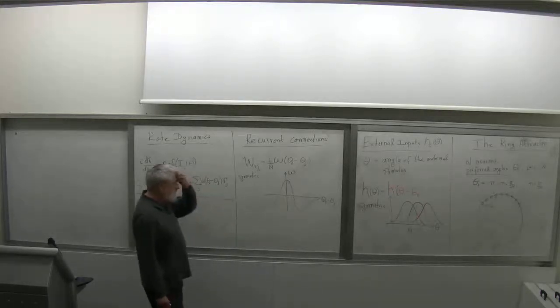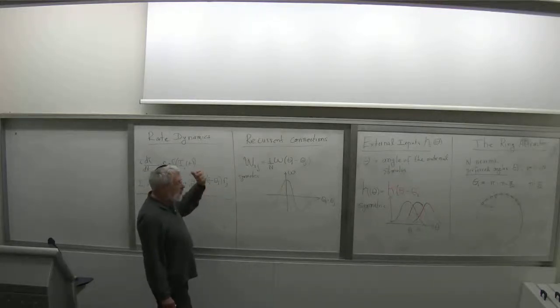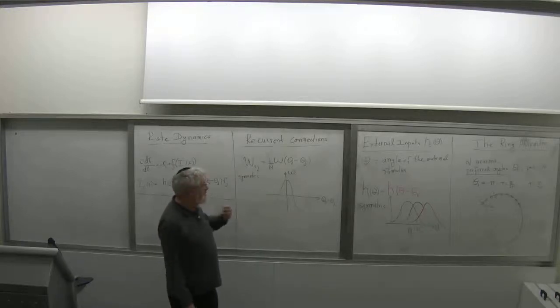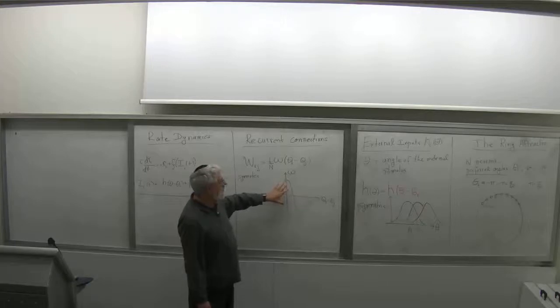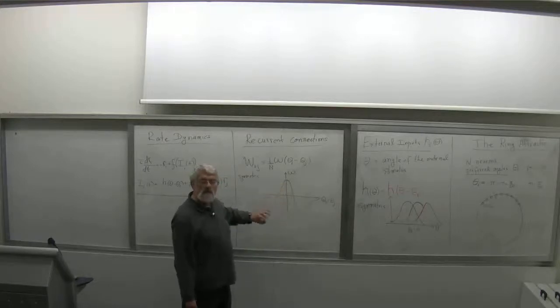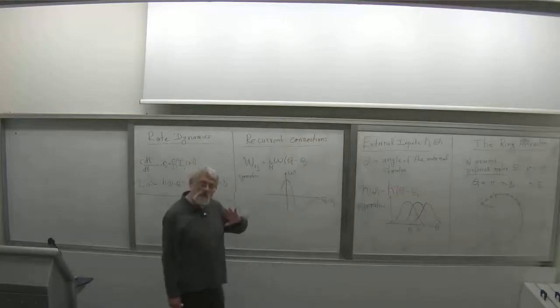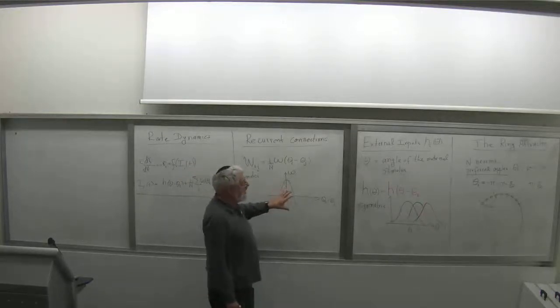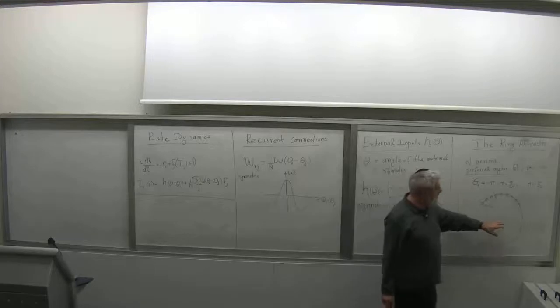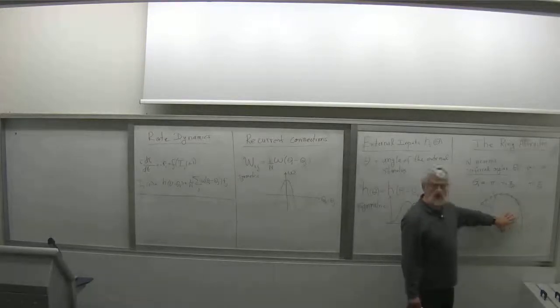So this is the overall goal, and I can tell you already the answer to that question. The answer is that when the spatial modulation of the interaction is strong, and we'll talk about what I mean by strong, but when it's strong enough, then the network will tend to develop on its own a spatial structure in the activity pattern.